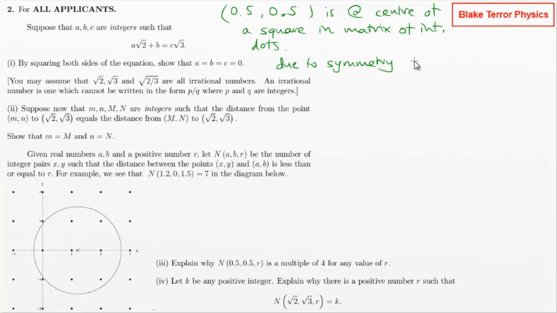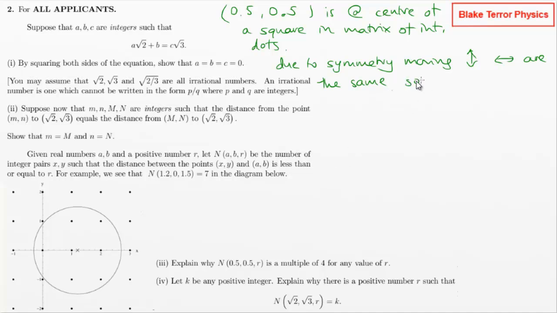Right, so due to symmetry, I always love anything which is due to symmetry in these maths questions. So moving up, down, left, right are all the same. And we've got lines of symmetry everywhere. I mean, everything is just lines of symmetry.